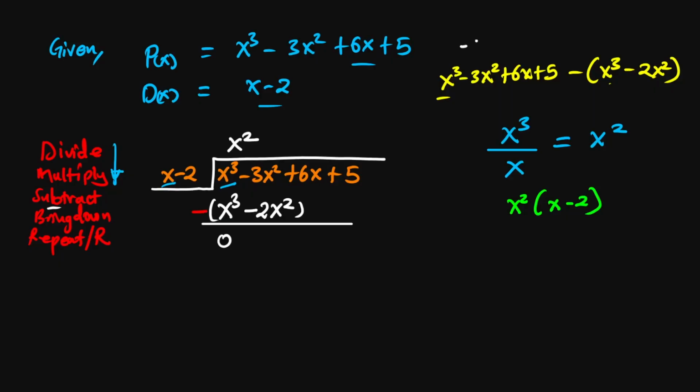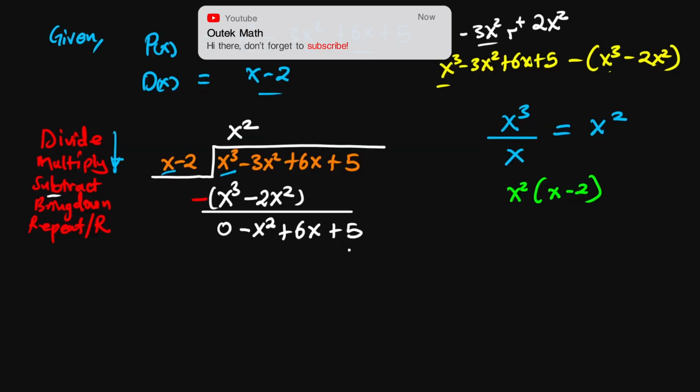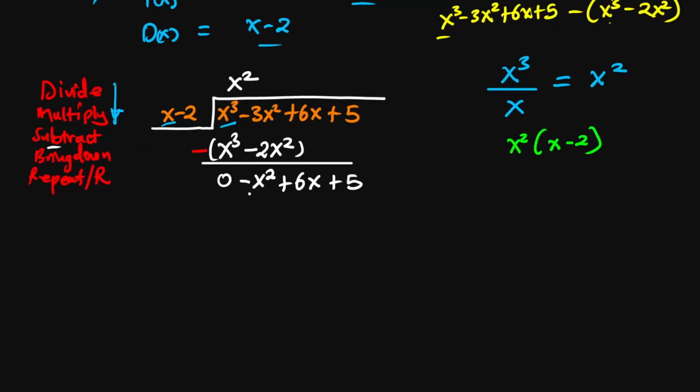Negative 3x squared minus negative 2x squared: this becomes a positive, and this is a negative, so we remain with negative x squared. 6x minus 0x gives plus 6x, and the constant 5 minus nothing gives plus 5. At this stage, we have minus x squared plus 6x plus 5.